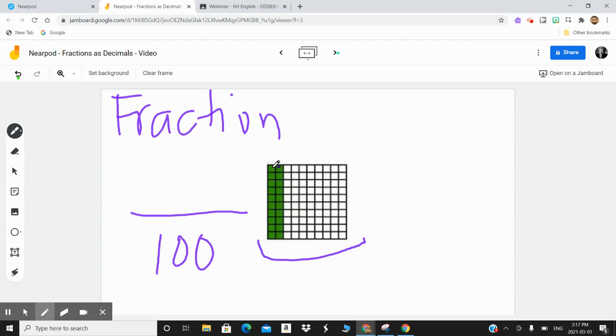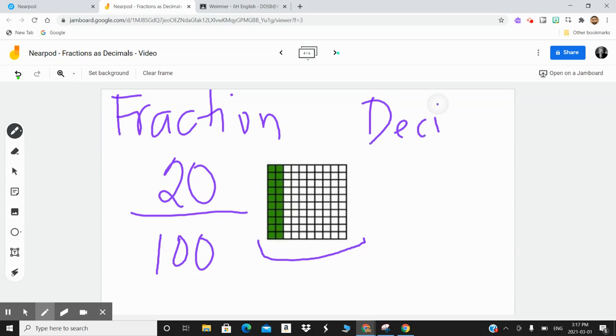So, but we'll just count 1, 2, 3, 4, 5, 6, 7, 8, 9, 10. And I'm not even going to bother because I know if that one's 10, this is 10. So 10, 20. So it's 20 hundredths, right? 20 little squares of the whole.